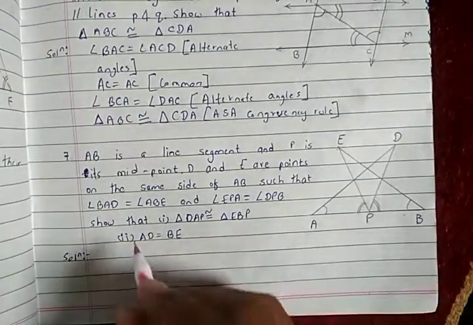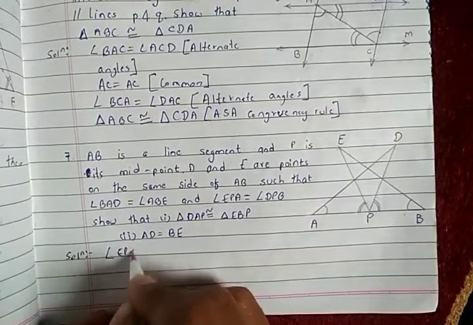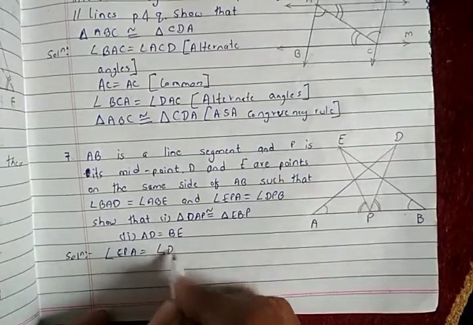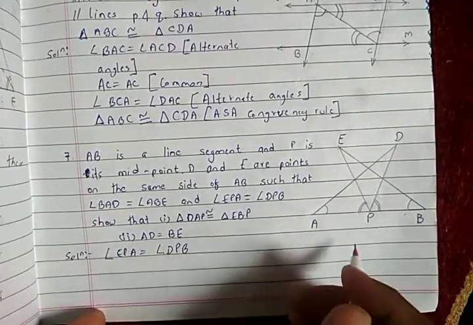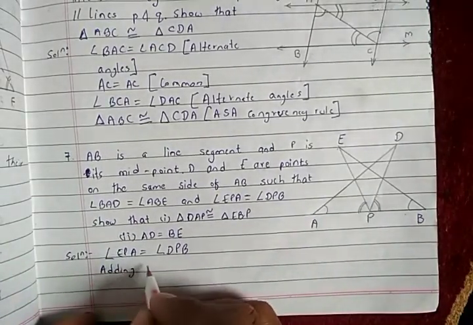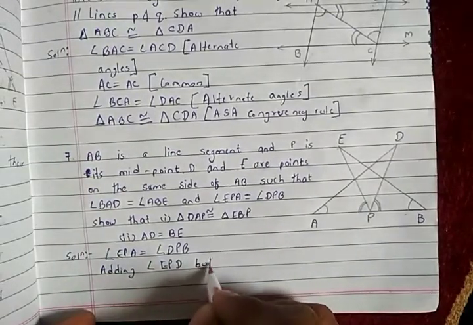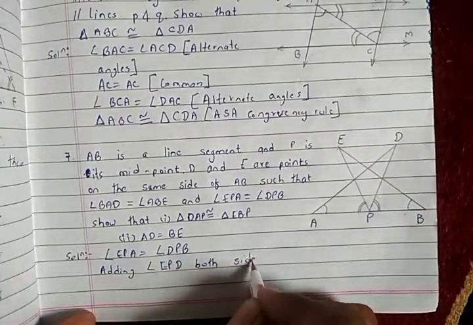What information is given? First we will write that it is given angle EPA is equal to angle DPB, right? Now adding angle EPD on both sides, what will we get?